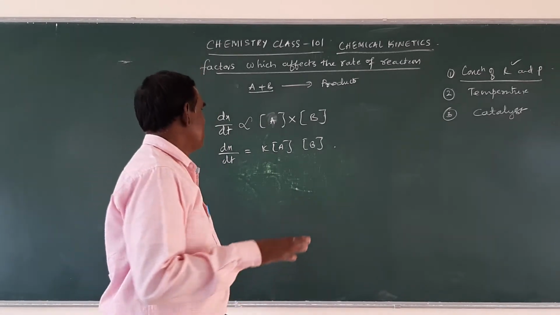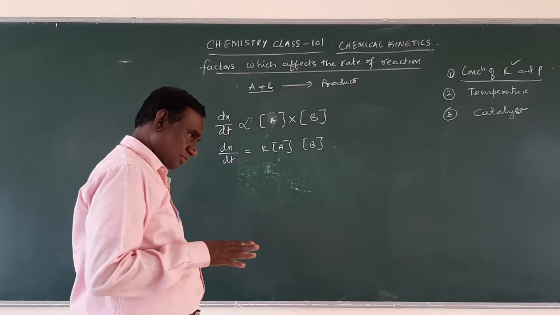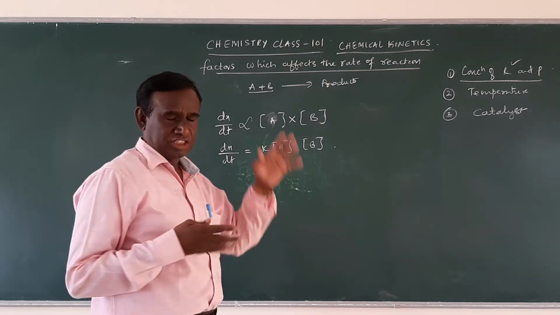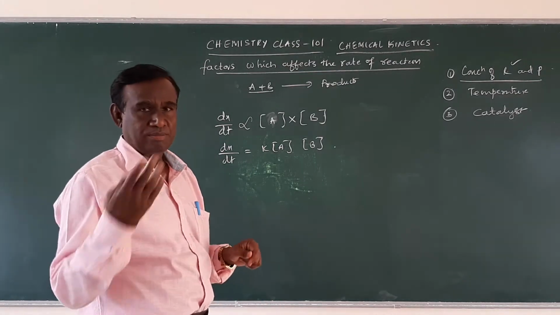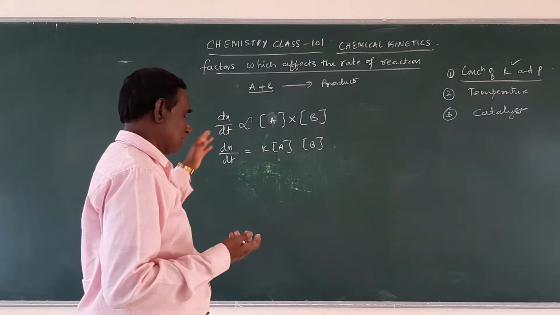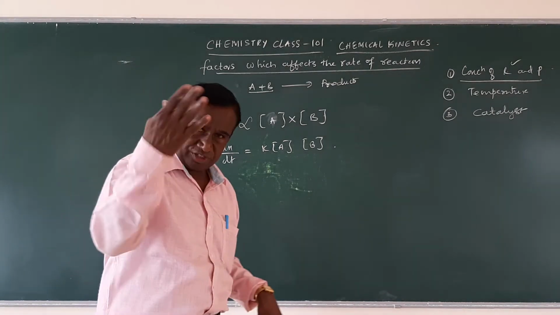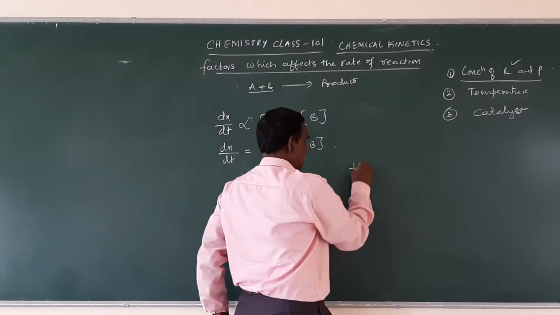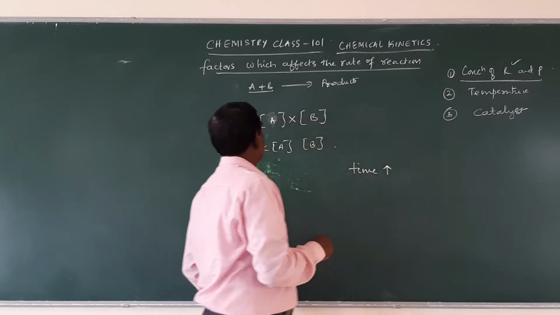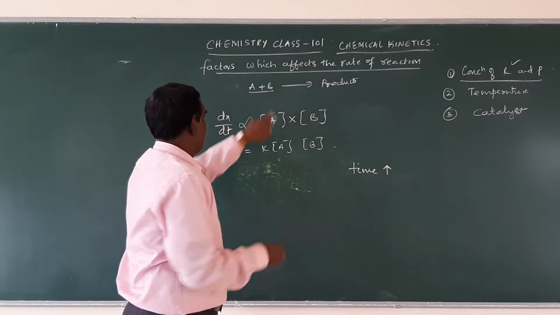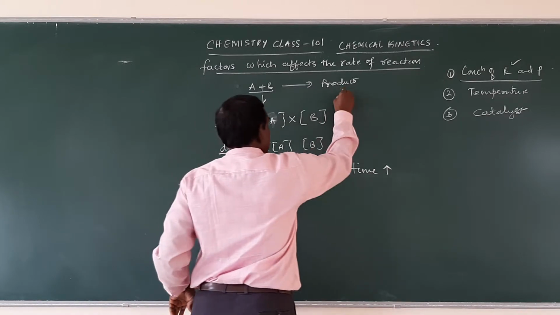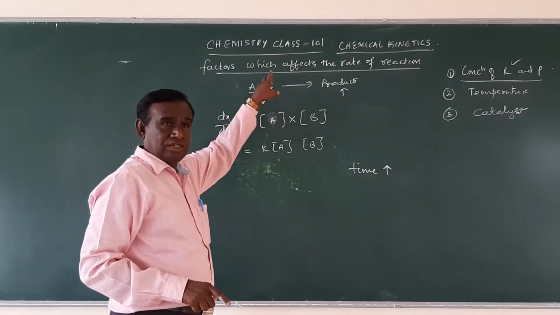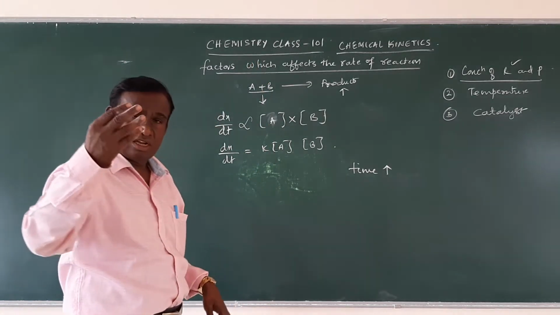For example, at constant temperature, as the chemical reaction takes place with respect to time, as the time increases, the concentration of the reactants decreases and the products increase.